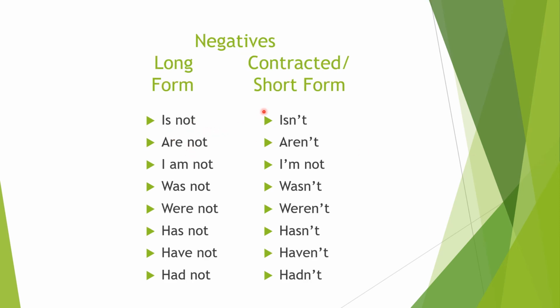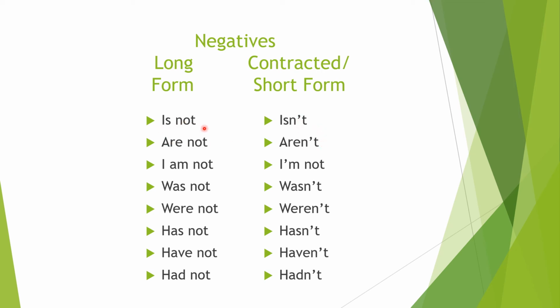Now come to the negative forms. With auxiliary verbs we put 'not', and for the contracted form in negatives, you combine the two words, replacing the letter O with an apostrophe only. You combine the two words, auxiliary verb and not, but you replace the letter O with an apostrophe only, right?